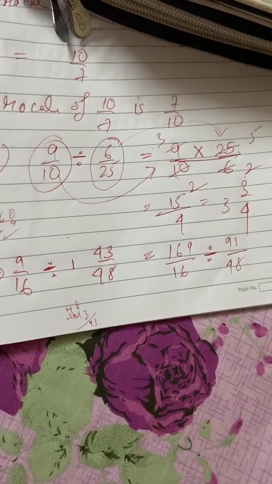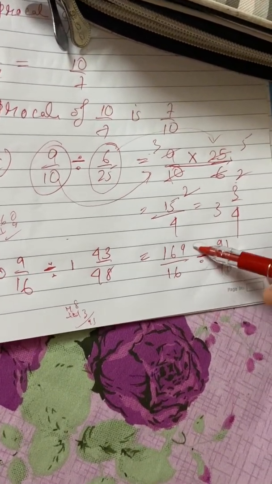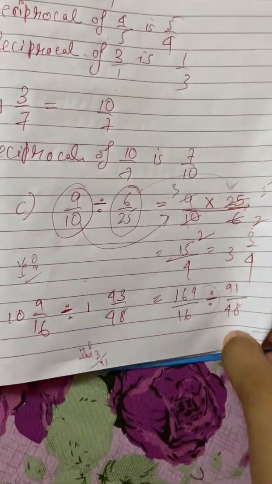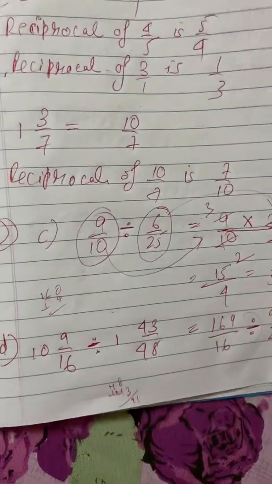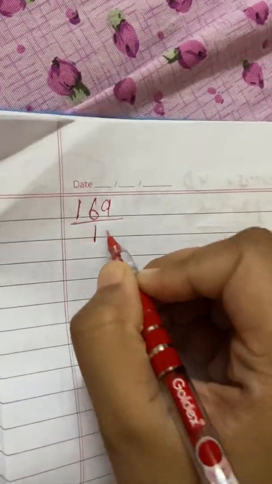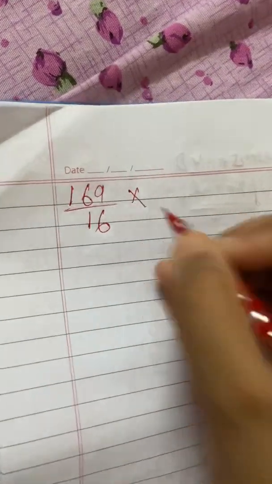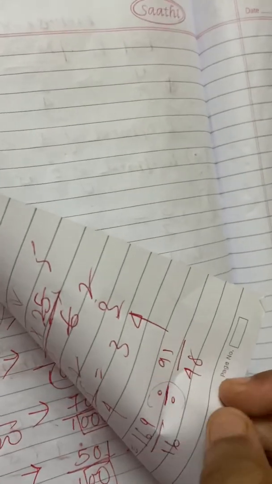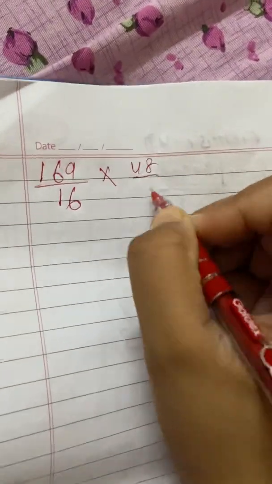Now what I will do? I will replace this division with into and I will write the reciprocal. So the answer will become 169 by 16 into, instead of division I will write into, and instead of 91 by 48 I will write 48 by 91.